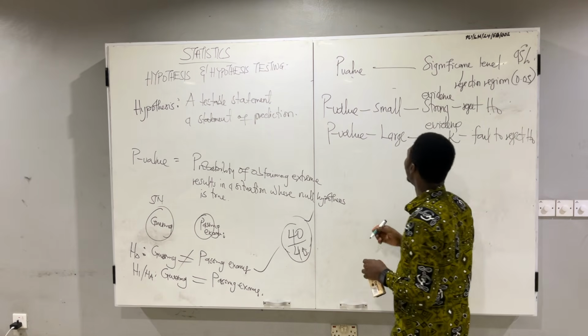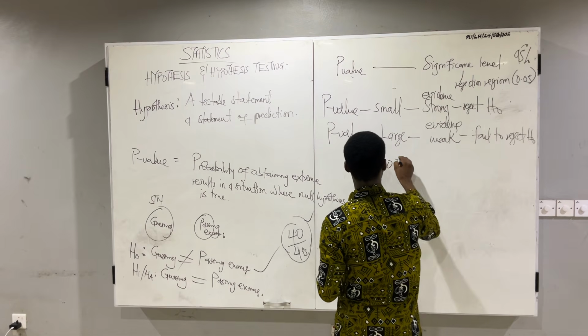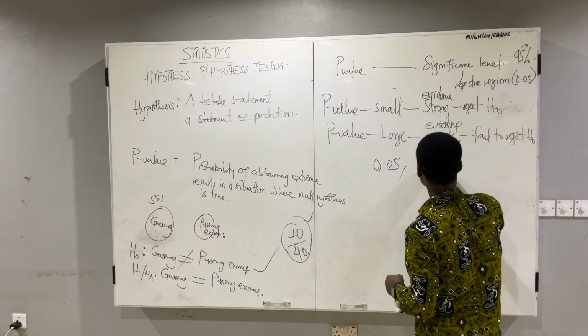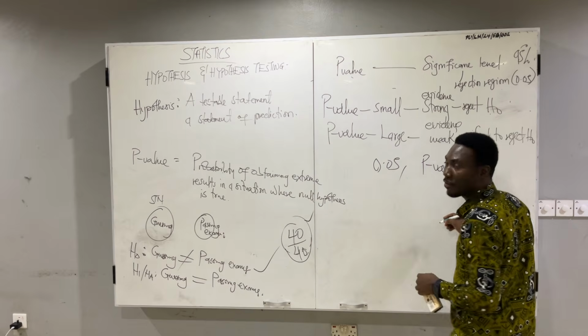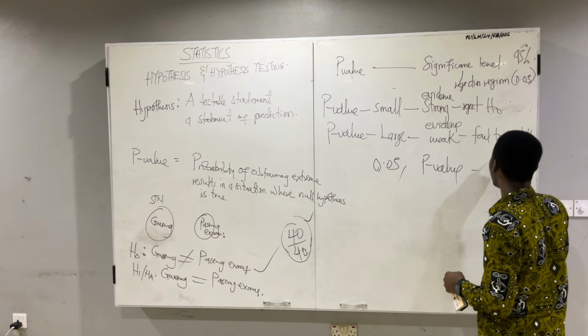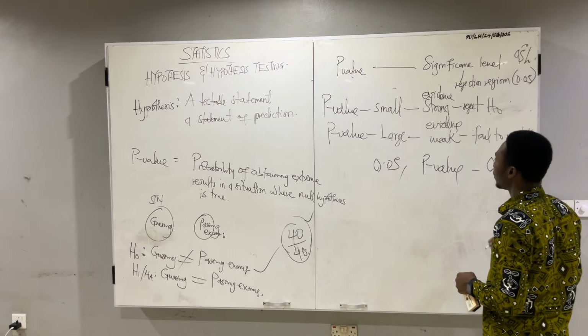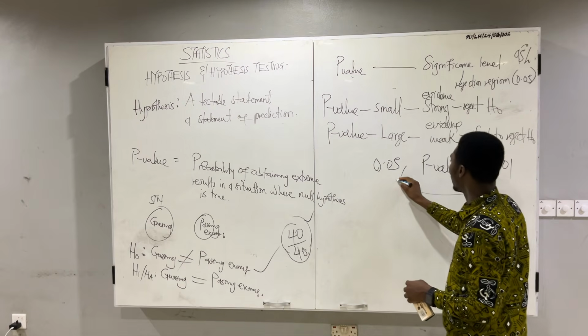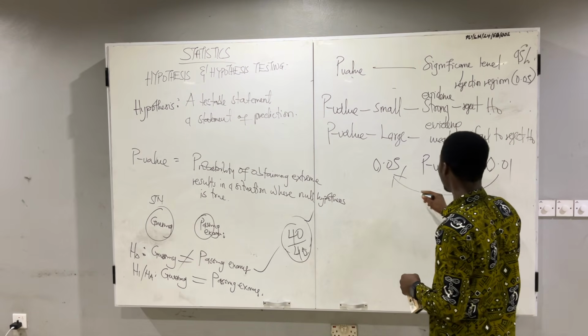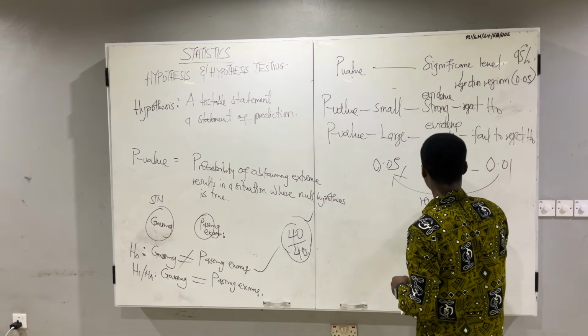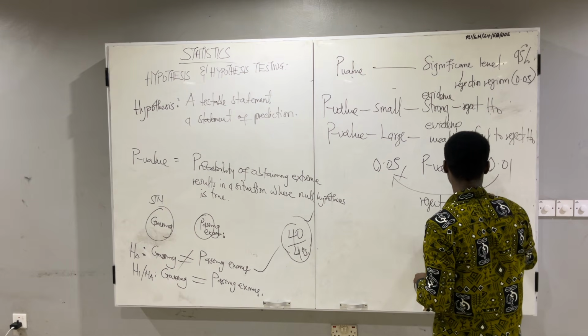So for example, if you have a significance of 0.05 and the p-value for a particular variable is, let's say, 0.01. You see, 0.01 is smaller than this. What it means is you have to reject the null hypothesis.